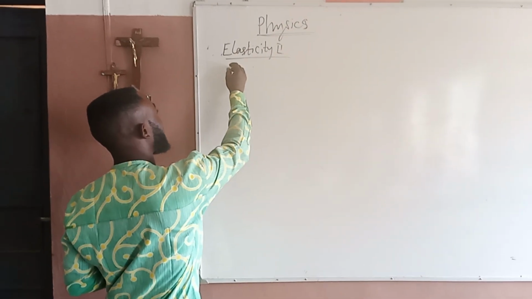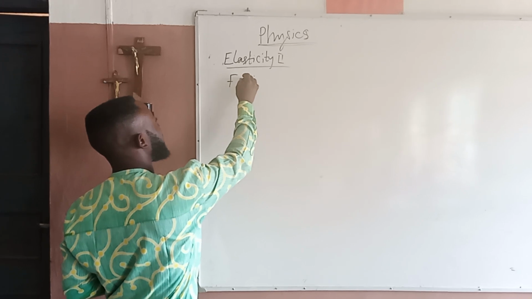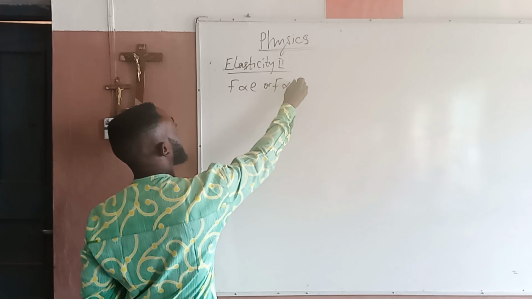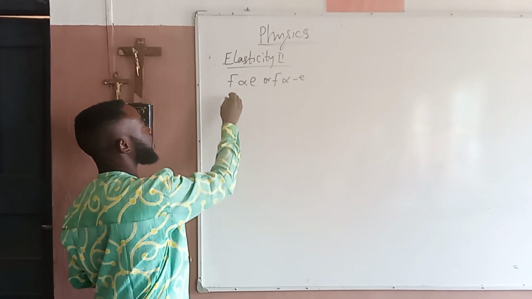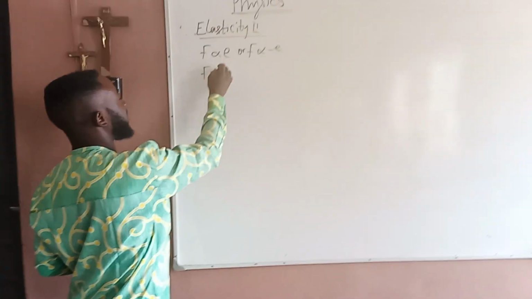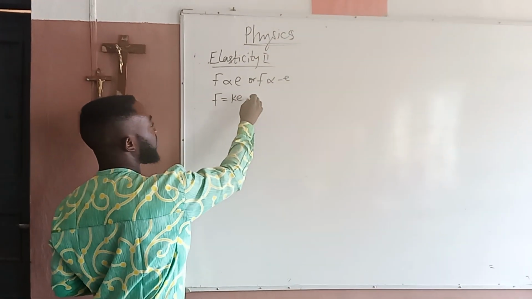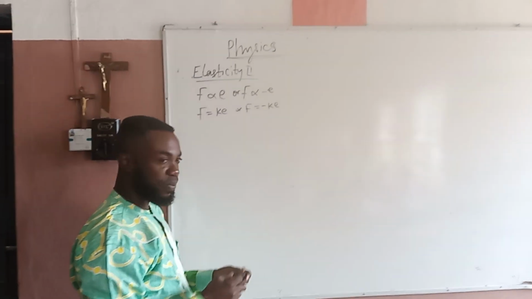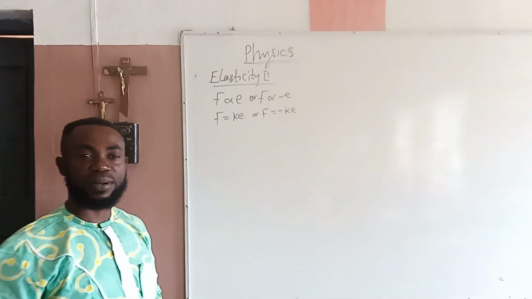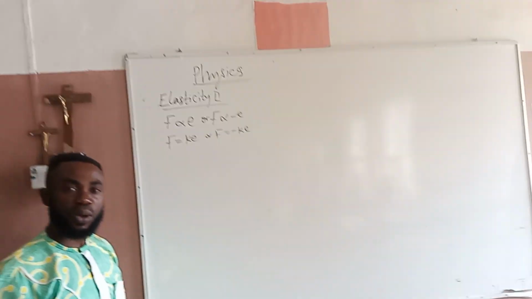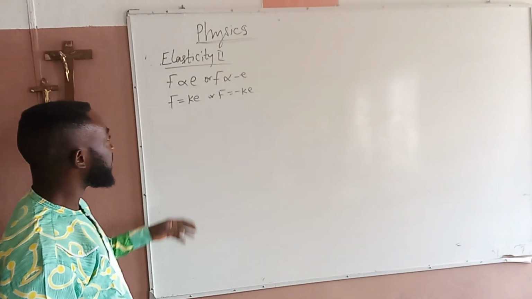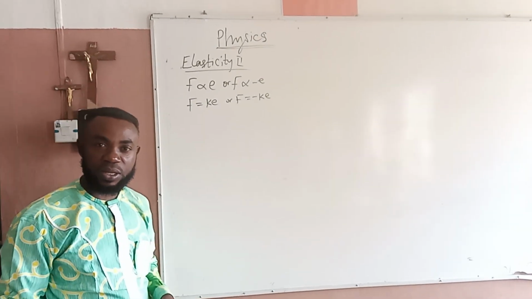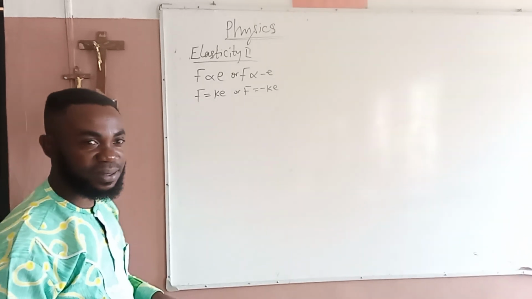Hooke's law mathematically states that F is directly proportional to e, which implies that F is equal to ke, or F equal to minus ke, depending on if a material is being stretched or compressed. This is Hooke's law, the empirical equation of elasticity.